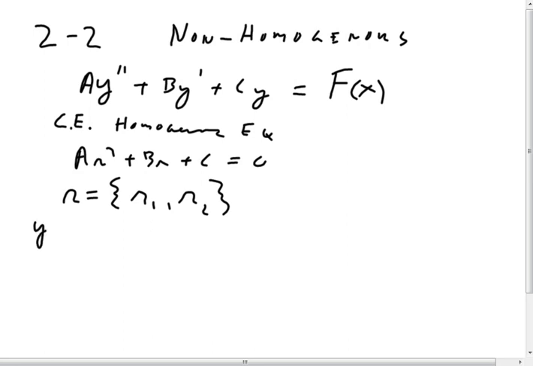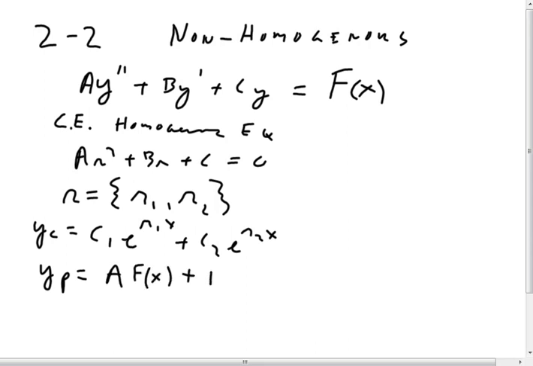y sub c is equal to the solution to the homogeneous equation, c1 e to the r1 x plus c2 e to the r2 x, or they could be imaginary numbers, or repeating roots, whatever they are. And then I've got a particular solution, y sub p, and it's going to be a times f of x plus b f prime of x plus c f double prime of x plus blah, blah, blah.